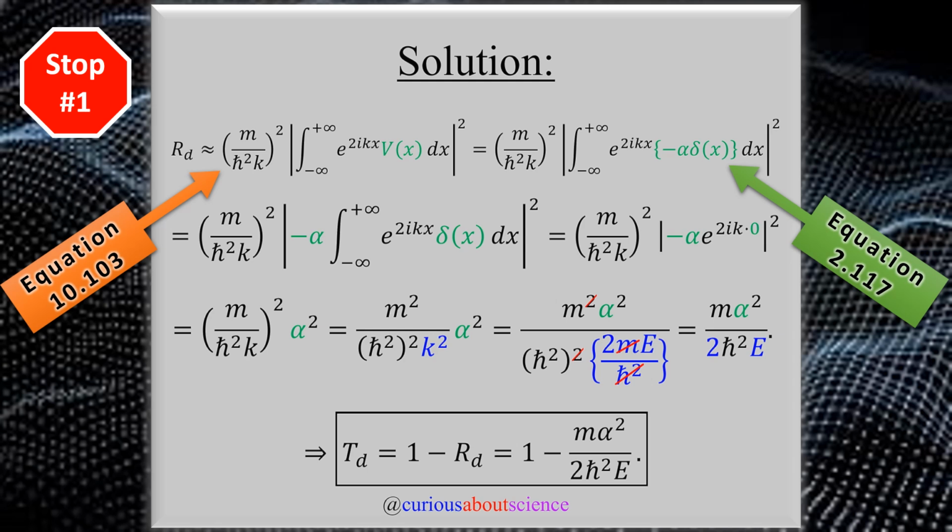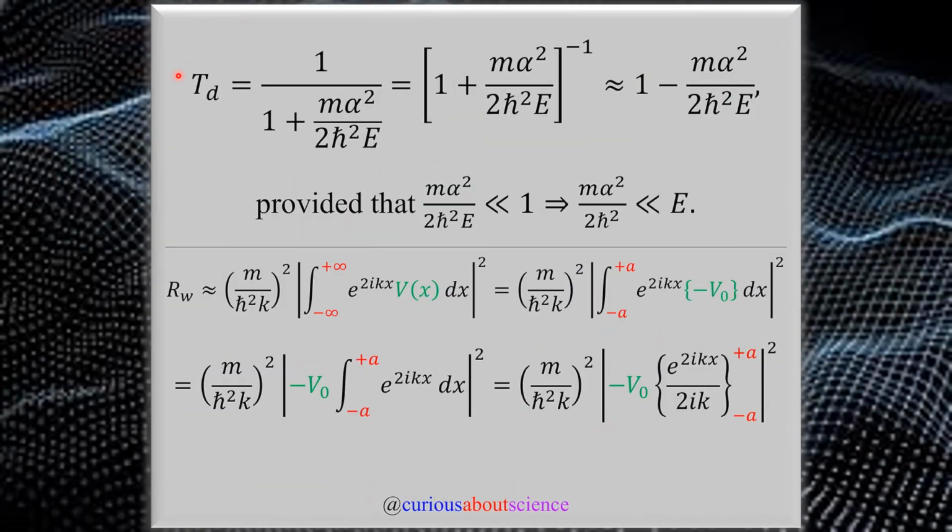But how does this compare to the exact result that we found back in chapter 2? Let's find out. So here we have the exact result, again given by equation 2.144, and we see that we have something that looks a little weird here compared to what we had just found.